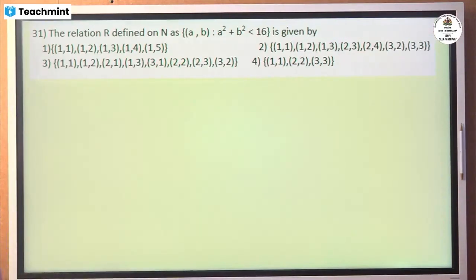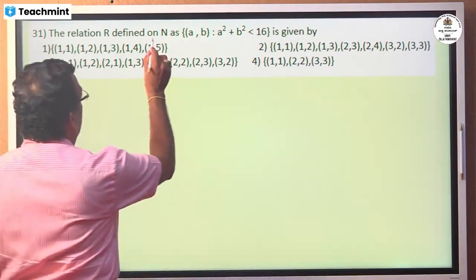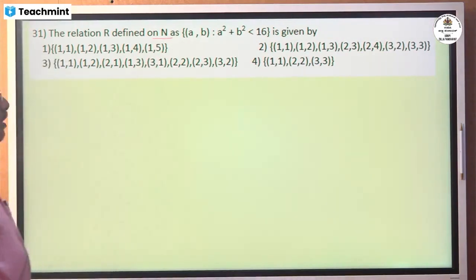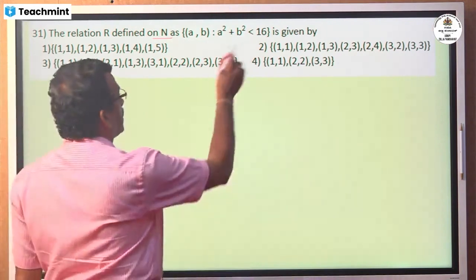The relation is defined on N as (a, b) such that a squared plus b squared is less than 16. Now you have to check which possible values I can assign as square numbers, less than 16.